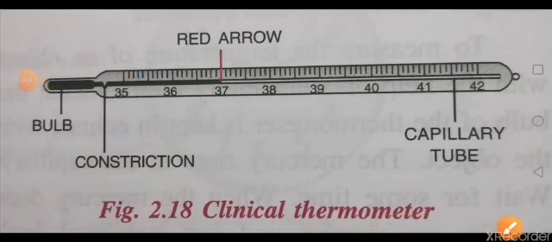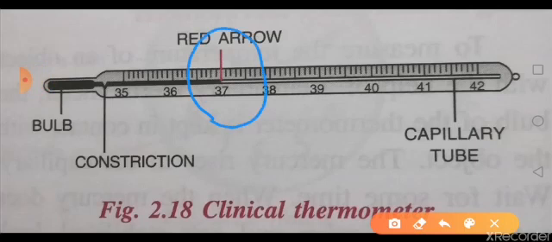Now, as you all know, for a healthy person the normal body temperature is 37 degrees Celsius, and that is marked by the red arrow given in your clinical thermometer. One more thing, clinical thermometers are available not only in Celsius but also in Fahrenheit.